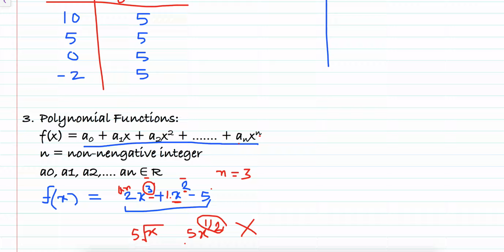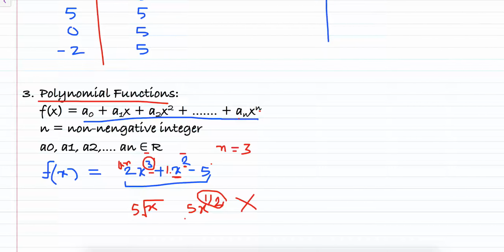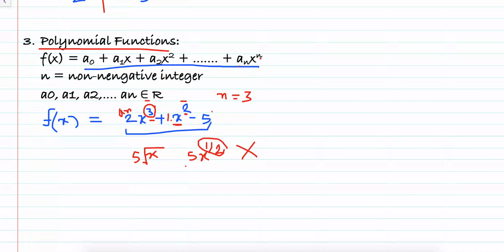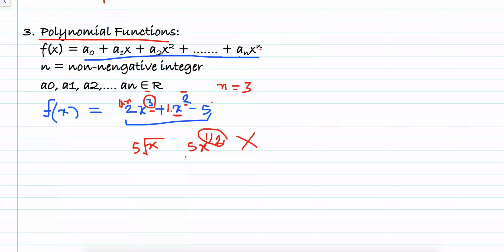So then only we can say it's a polynomial function. Similarly, we have say 2x to the power 3 by 2 plus 5. Then again, this is not a polynomial function.